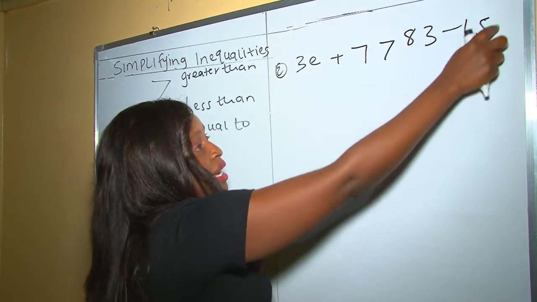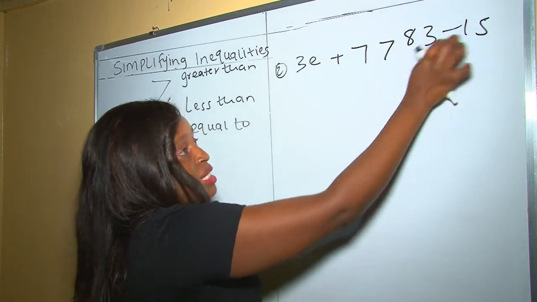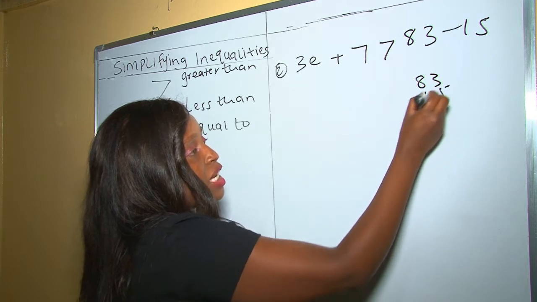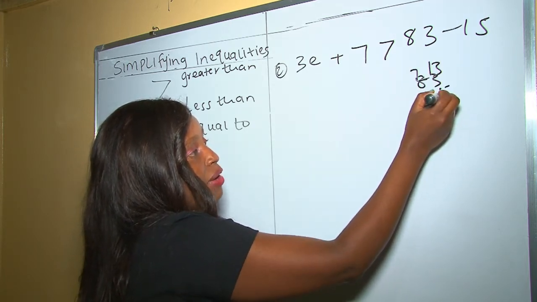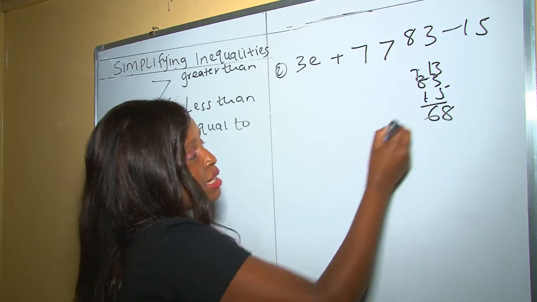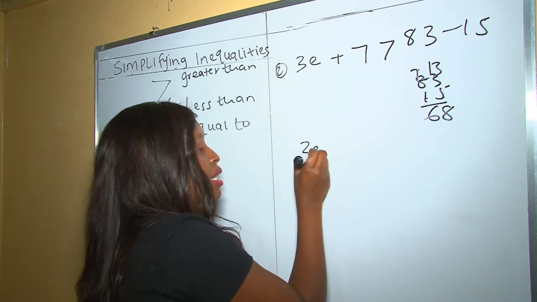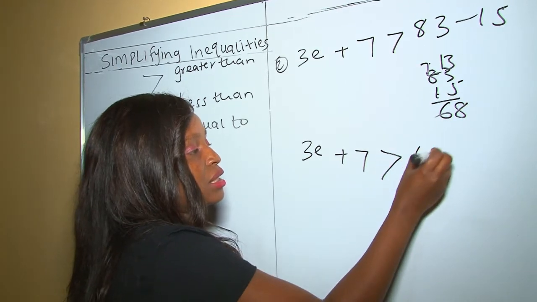We can begin by working out this side because they are like terms. So 83 take away 15, we remain with, borrow 1 here, 13 take away 5, it's 8, and 7 take away 1, it's 6. So now to write the question, we have 3a plus 7 is greater than 68.